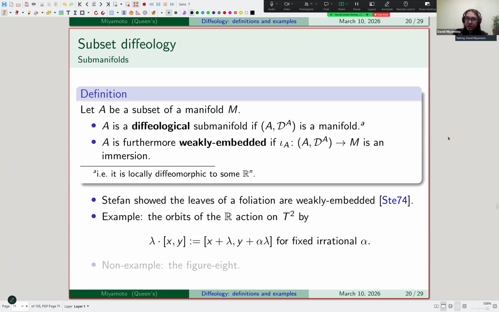In particular, the orbits of that action on the torus that we saw are weakly embedded. They're dense, winding inside a torus, but they are perfectly good weakly embedded submanifolds. And the figure 8 is not weakly embedded because it's not diffeological as a submanifold. It depends on the parameterization I chose. The manifold structure depends on the parameterization. It's not intrinsic.